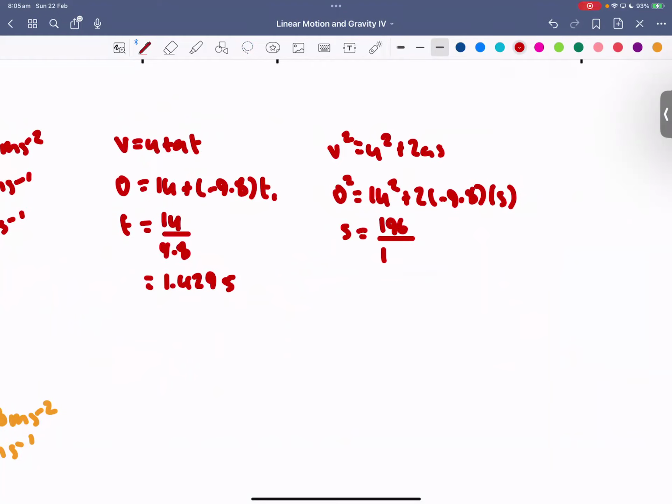Is it 10? Someone correct me if I'm wrong, but I feel it's 10. It is. All right, 10 meters. So that distance there is 10.